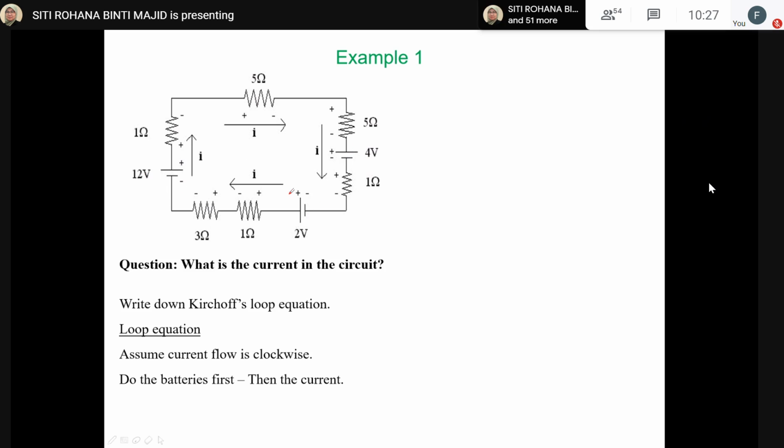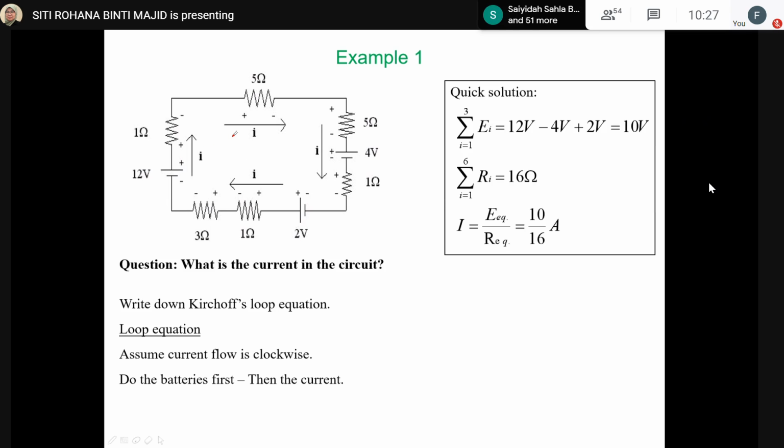Okay, so we assume that we start from this point, and then the current will flow clockwise, and then you have a quick solution here, which is 12 volt will reduce the potential by 4 volt, and then because this one is a negative terminal, okay, then they will increase back the potential, and then the total potential for this whole circuit is 10 volt.